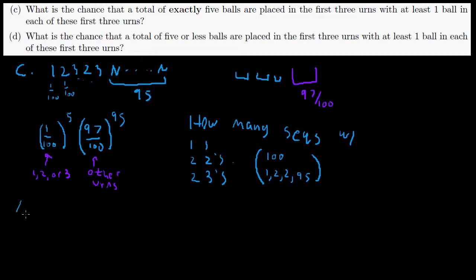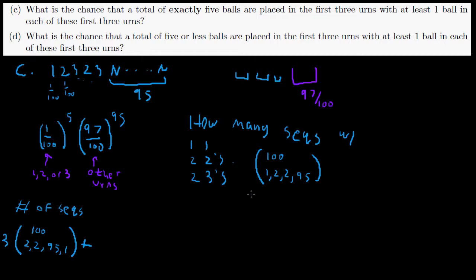So the number of sequences is 3 times 100 choose 2, 2, and 95. It doesn't matter the order I put them in down here because it's still going to give you the same number, plus, because there's another case, right?